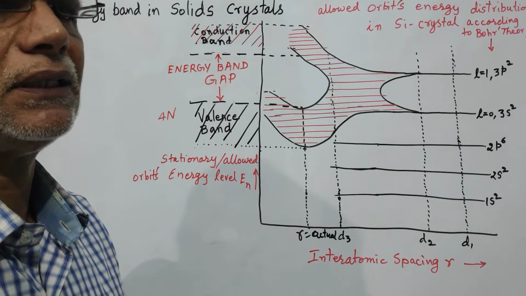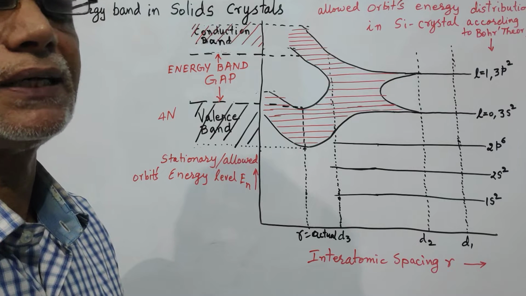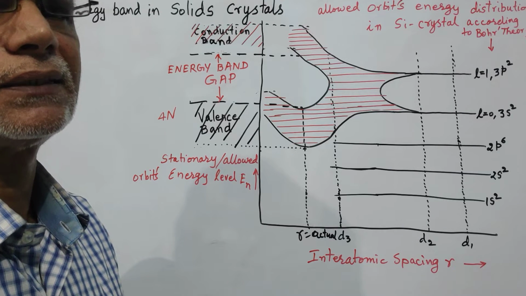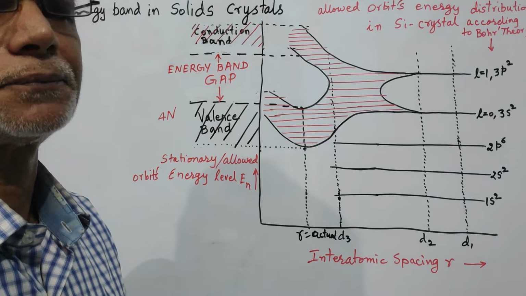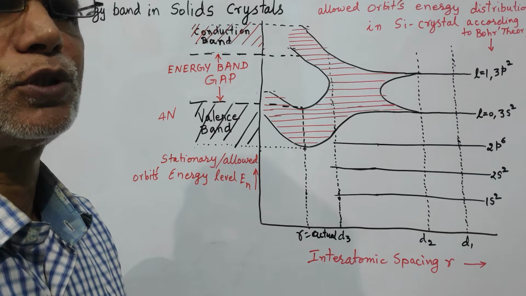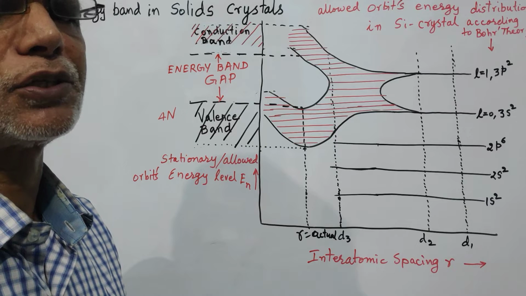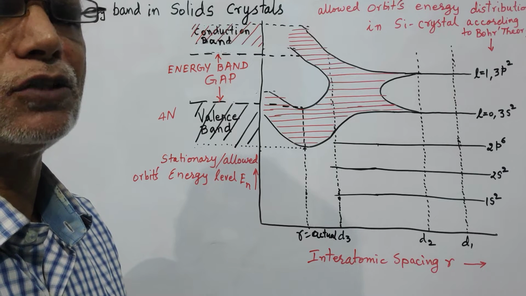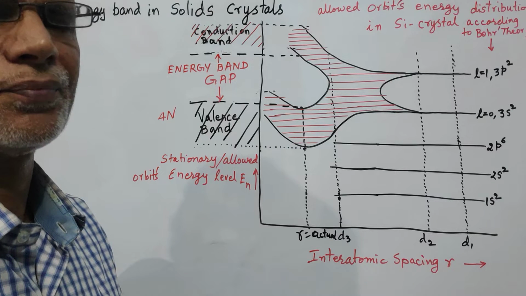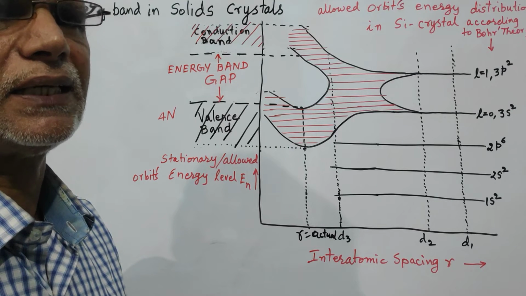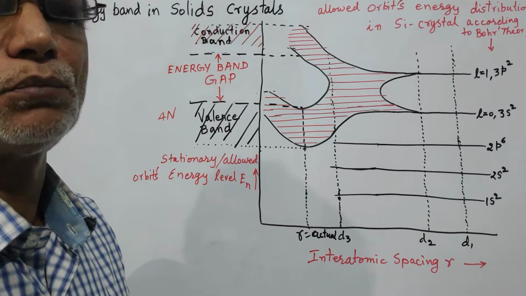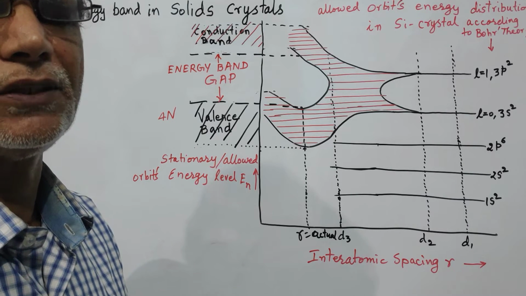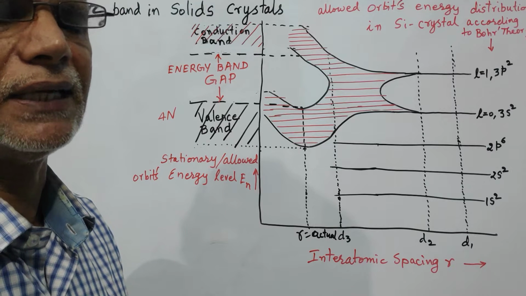But in crystalline form, the atoms are closely placed and their nucleus comes close to the valence electrons of the neighboring atoms, and thereby the allowed energy levels for those valence electrons are appreciably modified under the influence of neighboring nuclei of the atoms.